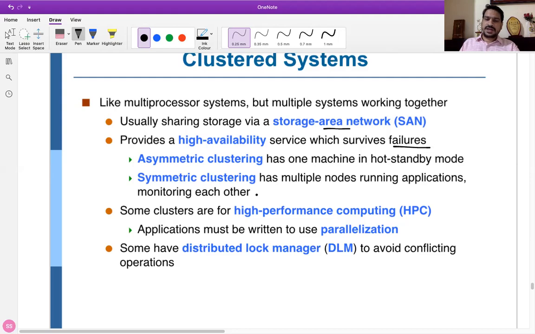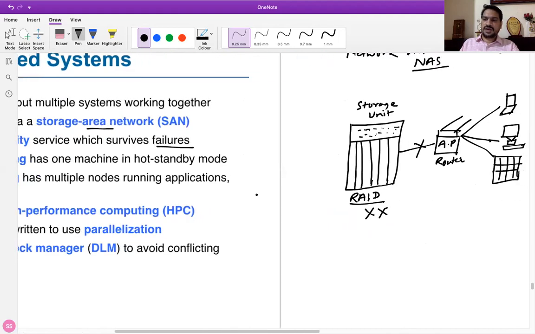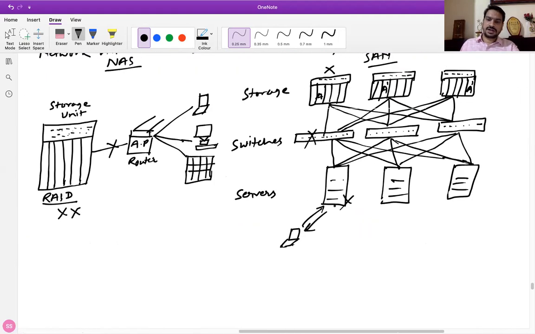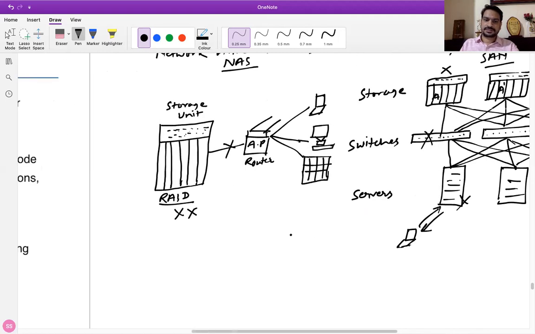So in asymmetric clustering, only one machine will serve, and one machine will have the responsibility to do all the serving to the client. But in symmetric clustering, all the machines are active, and cumulatively they will do the work and get the data to the client.